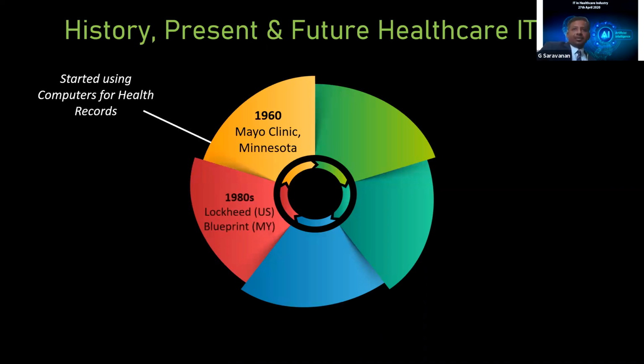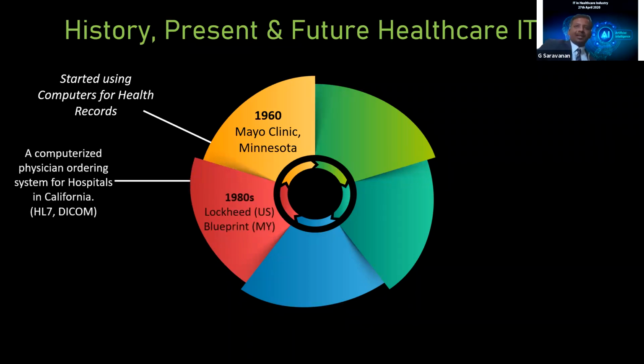Okay, later on in the 1980s, Lockheed Martin, which is the weapon manufacturer in the US, came up with the official systems to be used for a group of hospitals, networked as well as exchanging information using protocols known as HL7 and DICOM. I'll cover what HL7 and DICOM are in a while, but for now, just bear with me. So these are the two earliest protocols used, okay?